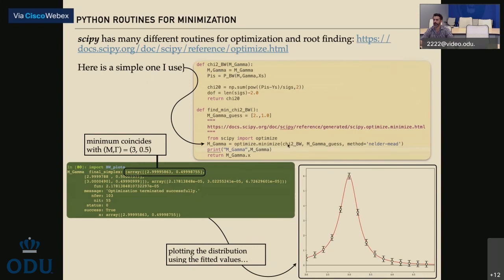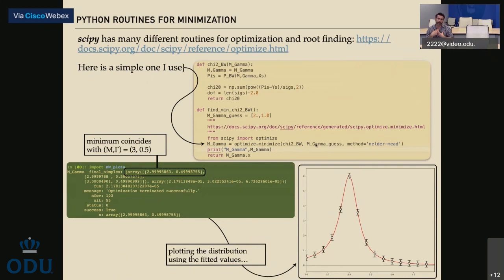What minimize is doing is grabbing this list of two points and varying these two parameters, m and gamma, so that chi-squared is at its minimum. Within the minimize function, you can input your guesses for the optimal values of m and gamma, so that you're as close as possible.